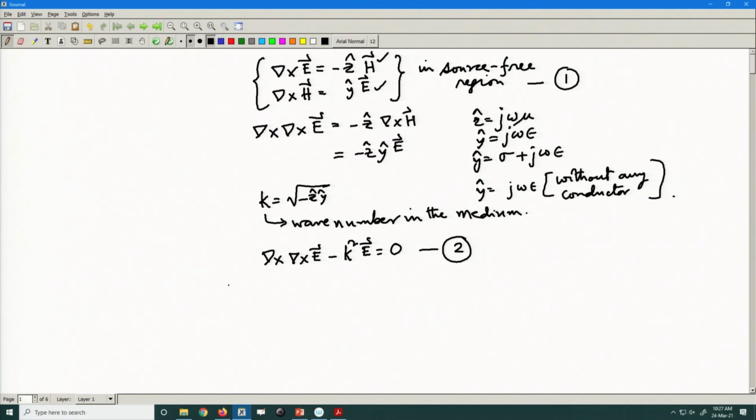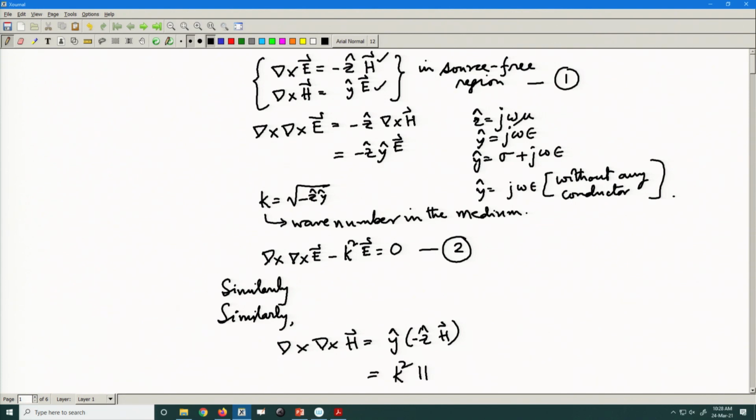Similarly, in a similar fashion, we can find curl curl H equal to y cap minus z cap H, that is equal to k square H. So, we take the curl of the second equation and substitute for curl of E from the first equation to the second equation, as simple as that.